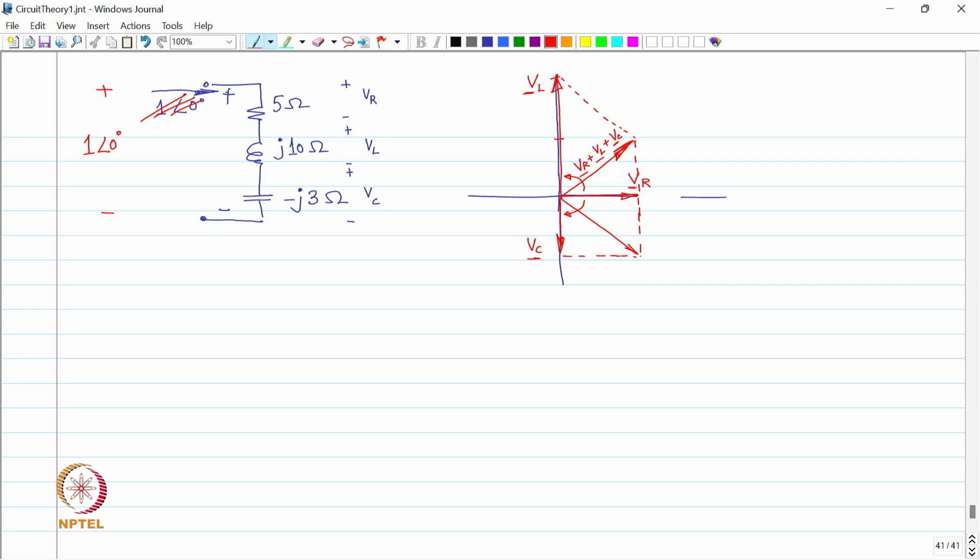Okay. So, if you draw the sine wave, then you will notice that the voltage is running ahead of time, ahead of the current for the inductor and behind the current for the capacitor. So, if this is the sine wave for the current, then the voltage of the inductor is running 90 degrees ahead and the voltage across the capacitor is running 90 degrees behind.